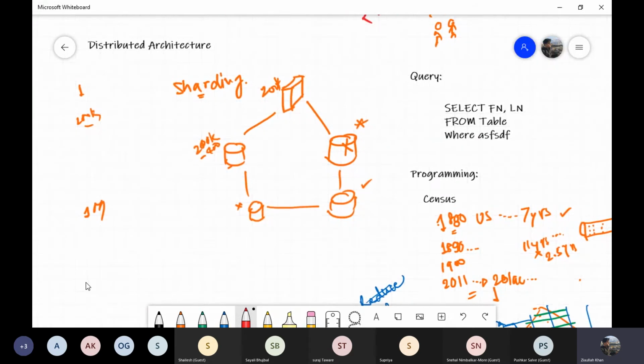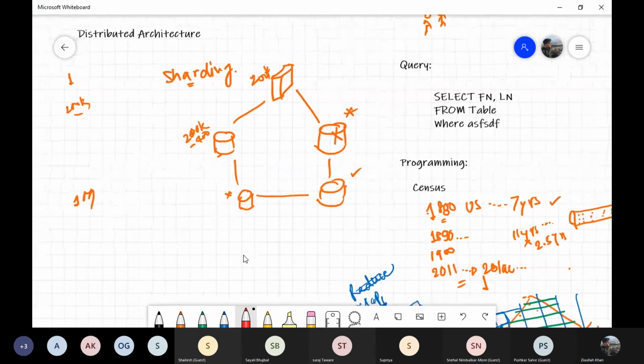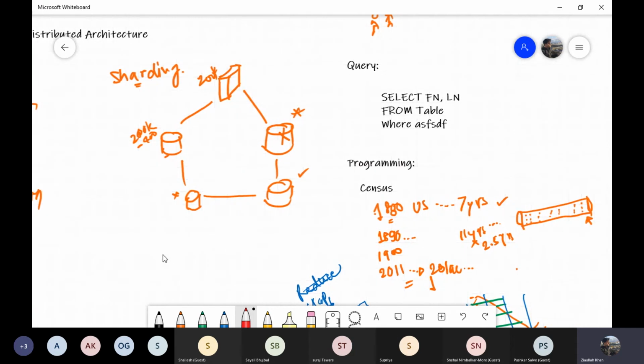Then we talked about distributed architecture, and the word that we used there was sharding. Sharding is a strategy where, if you have a million rows, you're going to divide them into consumable chunks of say 200,000 rows each, and you're going to put them across 5 different servers. So this is a strategy, and you're going to come across this as you work on more database heavy applications and distributed databases.